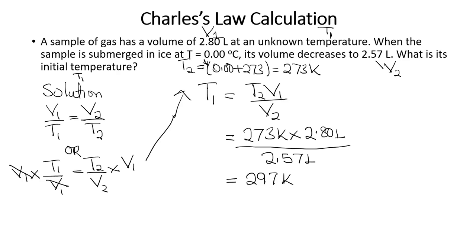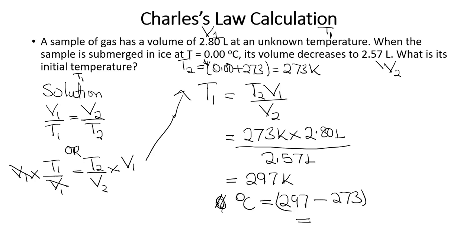Now, if you want, you can change this Kelvin to degrees Celsius. So degrees Celsius is equal to 297 minus 273.